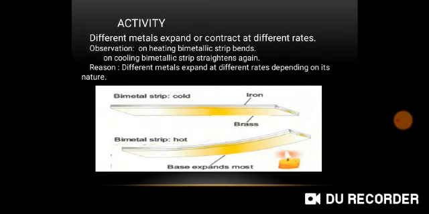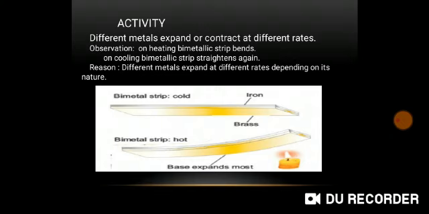When you heat the bimetallic strip, what happens? The bimetallic strip has two metals. One is iron, which has less expansion, and the other is brass, which has more thermal expansion. So when these two metals are joined together and you heat it up, brass tries to expand more, whereas iron does not expand at the same rate at which the brass is expanding. As a result, the bimetallic strip is bent.